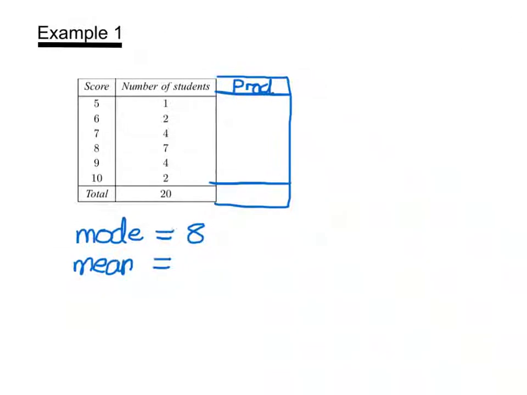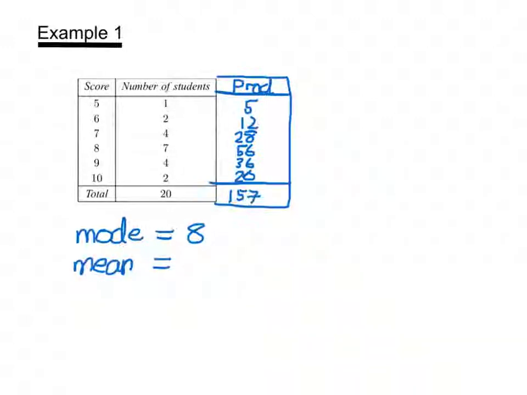And this is where we simply multiply the score or the data value with its frequency. So here I have 5, 12, and so on. Once I have these numbers, I can add them up, and I have a total of 157.